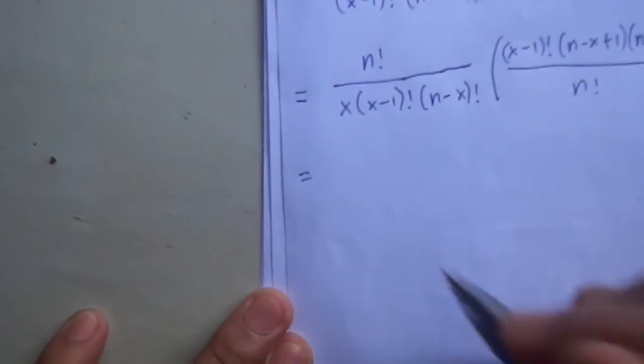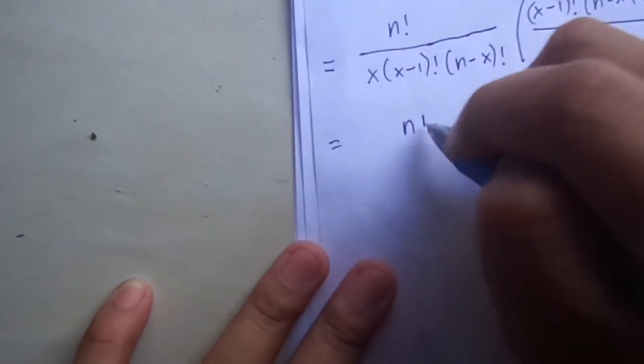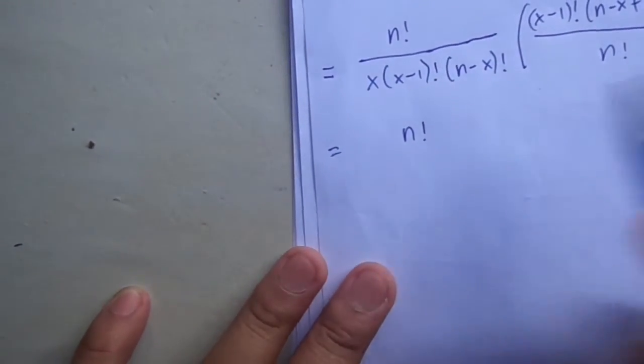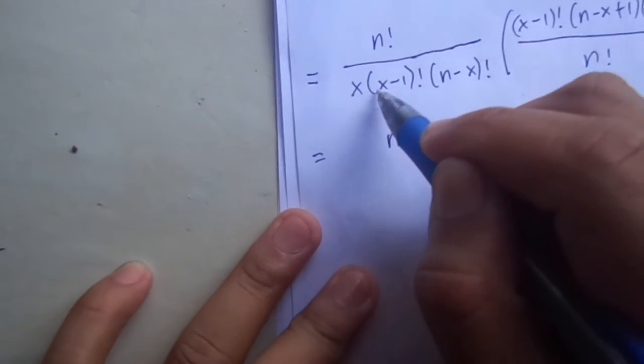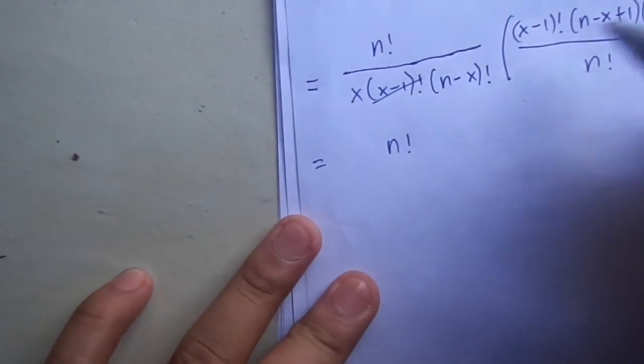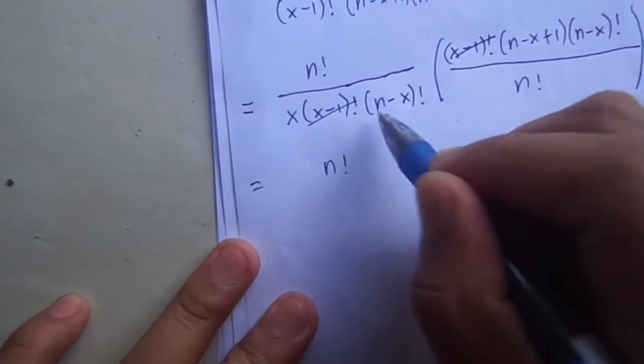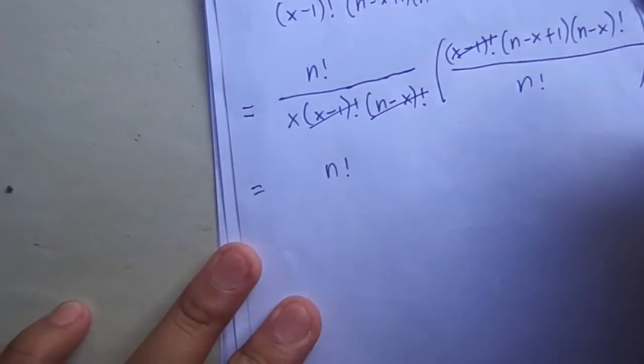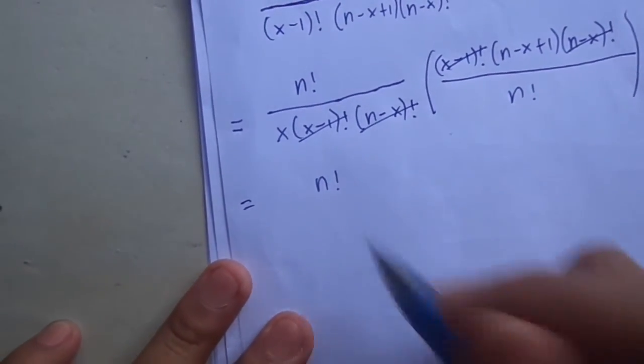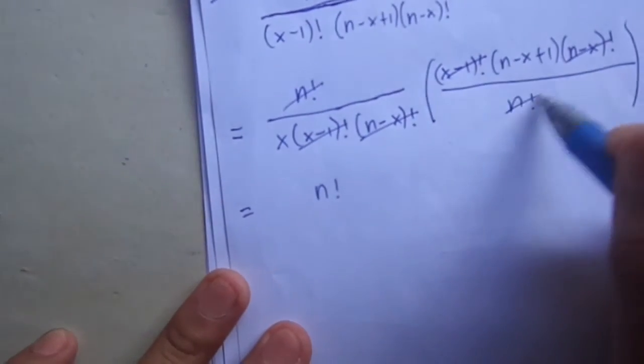So n factorial cancelled out, x minus 1 factorial cancelled, n minus x factorial cancelled, then n factorial cancelled.